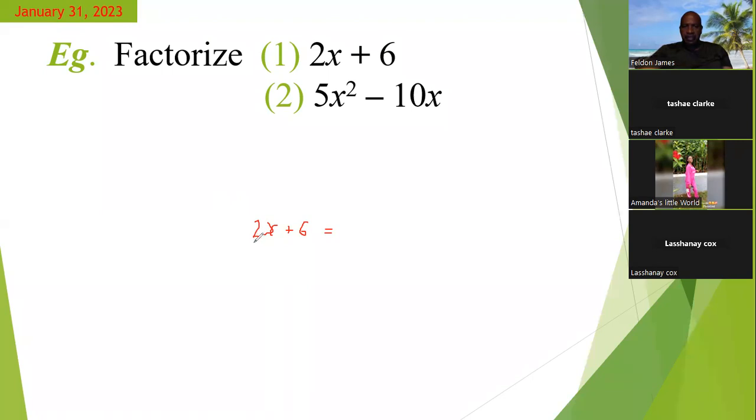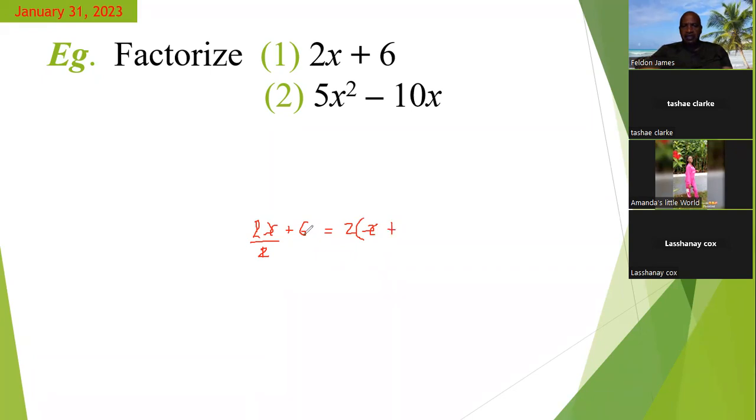For the numbers here, 2 is the highest common factor. So we identify our common factor, write it down, then we open our brackets. We divide each of these by the common factor. The 2 cancel out, leaving x, so we put the x in the bracket. Then we put back the plus sign.